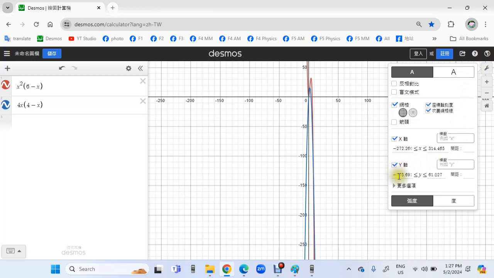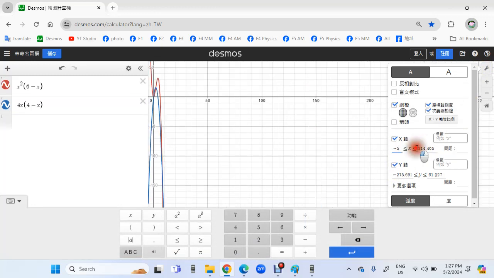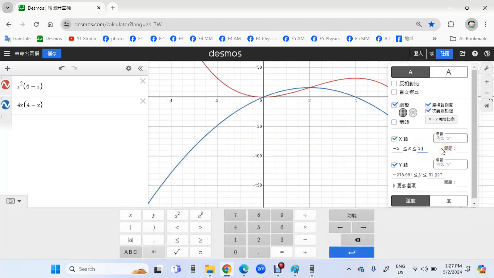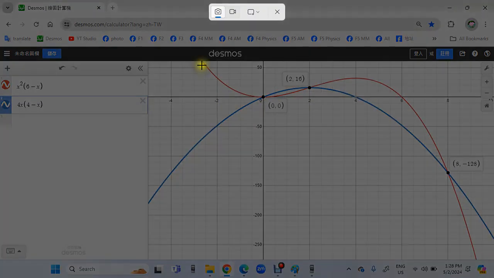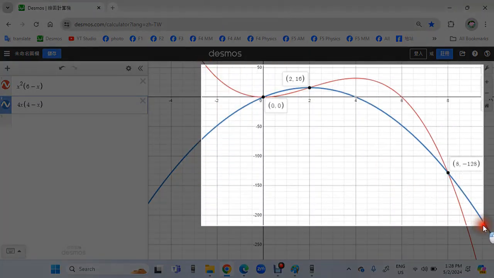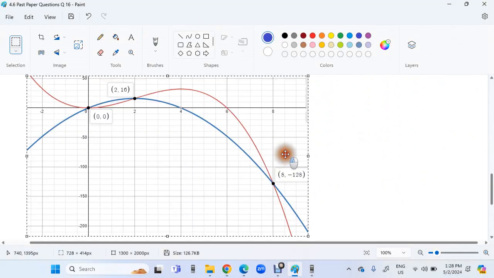For this one, I can set the x-axis from negative 5 until 10, so the graph is clearer. So it's 0, 0; 2, 16; and 8, negative 128 here. This is how the graph looks like, and this is the solution.